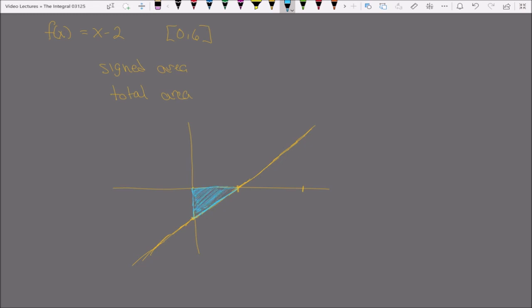And this is, of course, a right triangle. This is length 2 here. This is also length 2. And then we also have this triangle, which is again another right triangle.